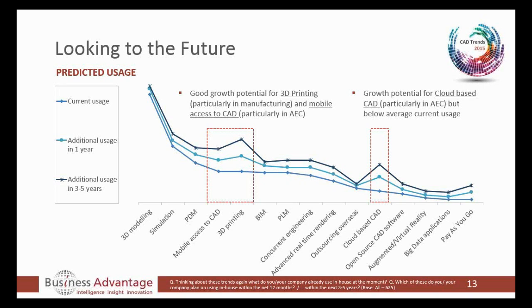You can see, very interestingly here in the boxes, that mobile access to CAD and 3D printing, where the lines are the furthest apart, show the greatest opportunity for growth. These are bigger opportunities, obviously, for the vendor community, with the needs that companies are expressing, that they plan to invest in these particular technologies.